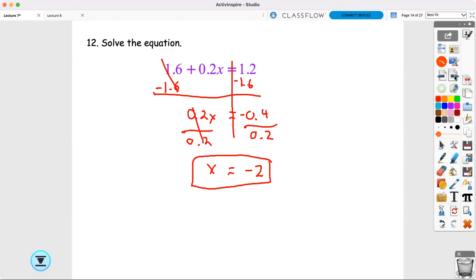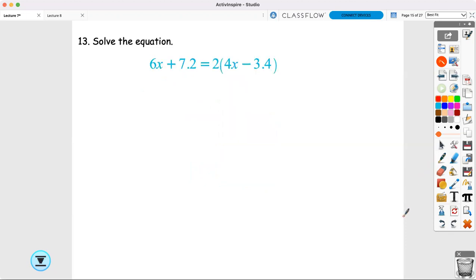All right, let's move on. Number 13. Give you a few seconds to write this down before I get started.